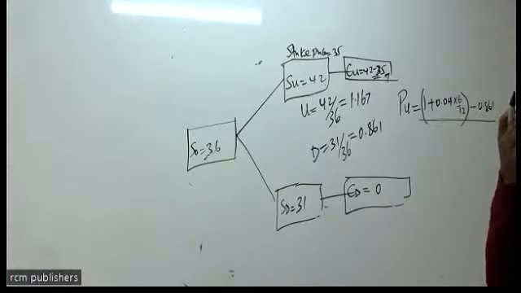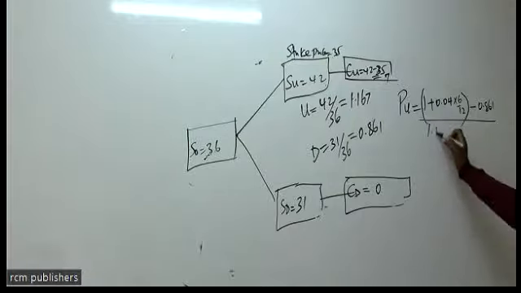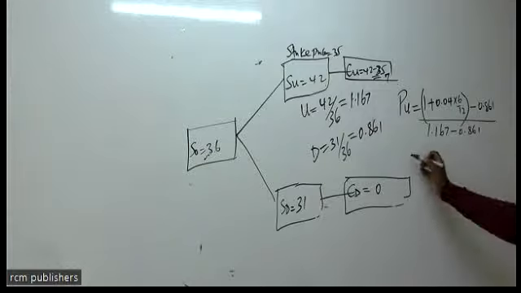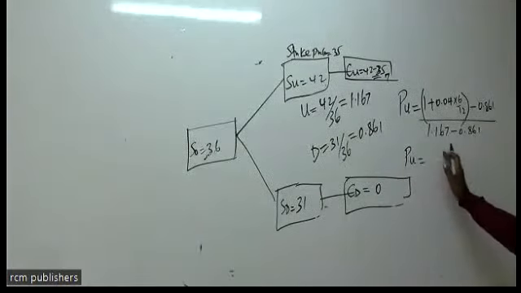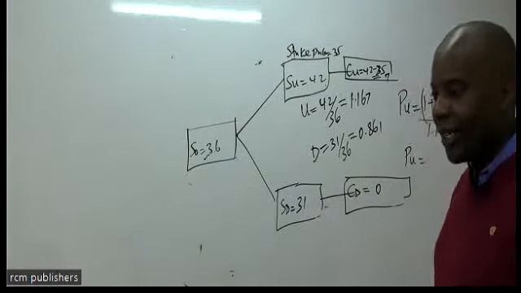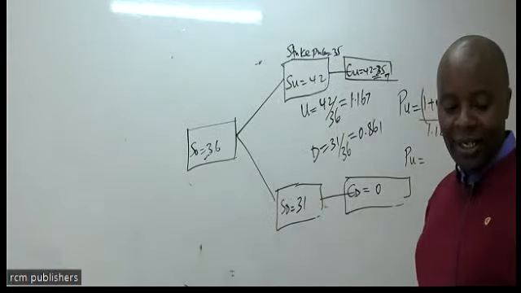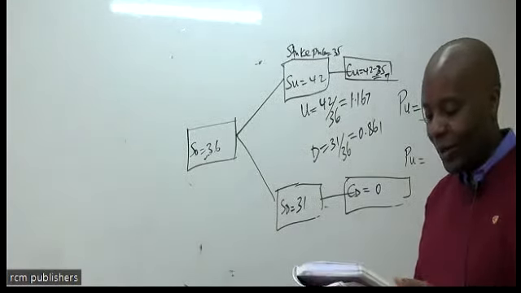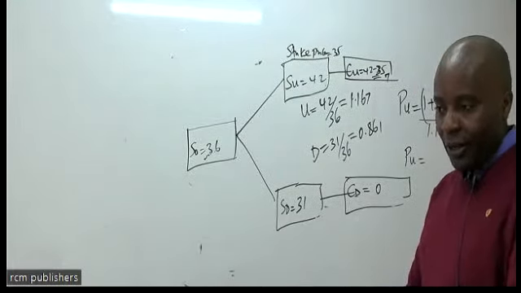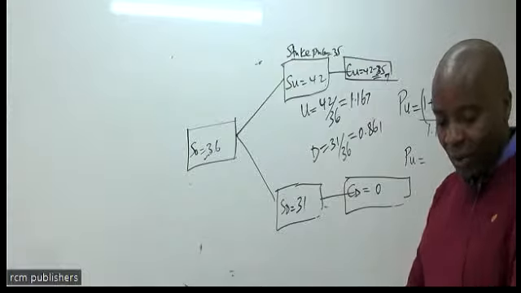35, all over U minus down. So 1.167 minus down of 0.861. Then PU will be equal to, who has this answer? Great, we are almost there.